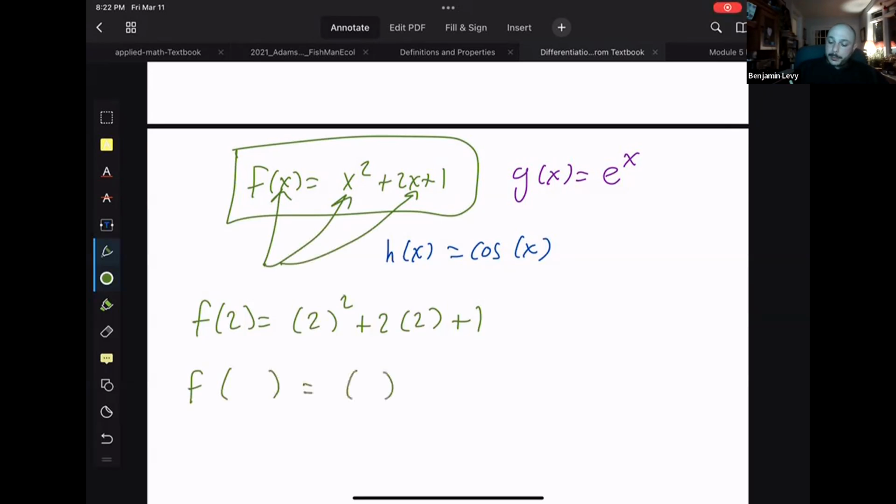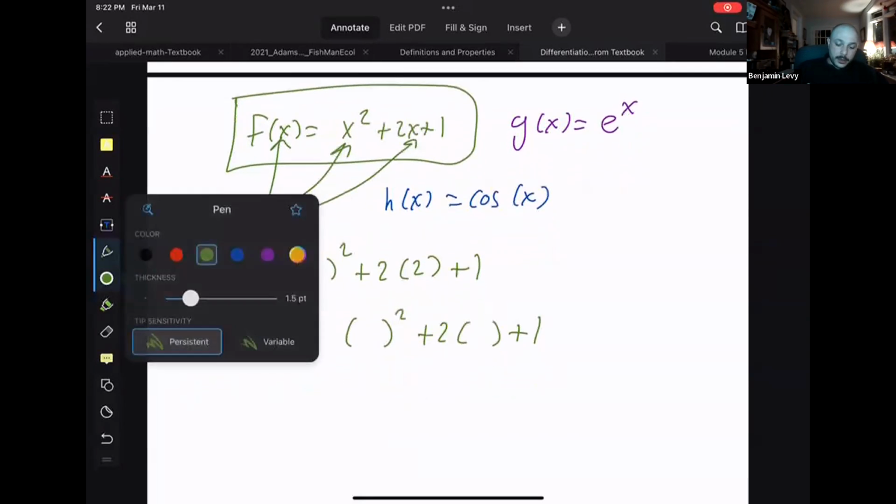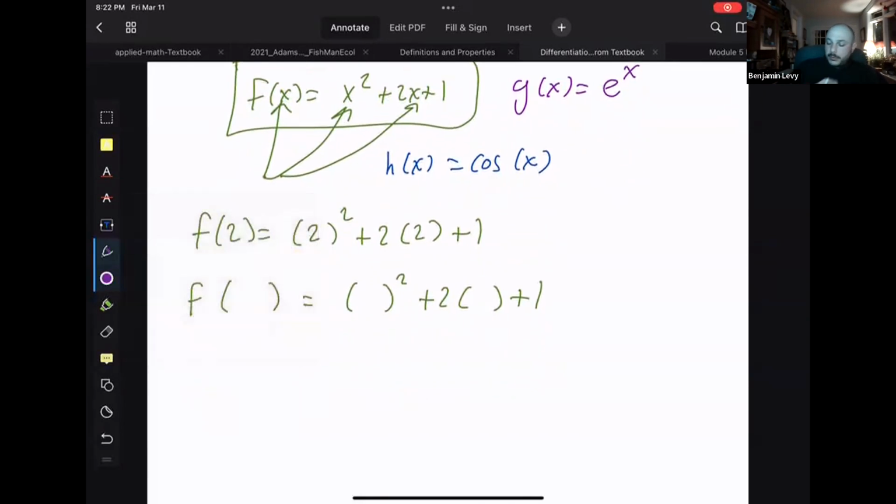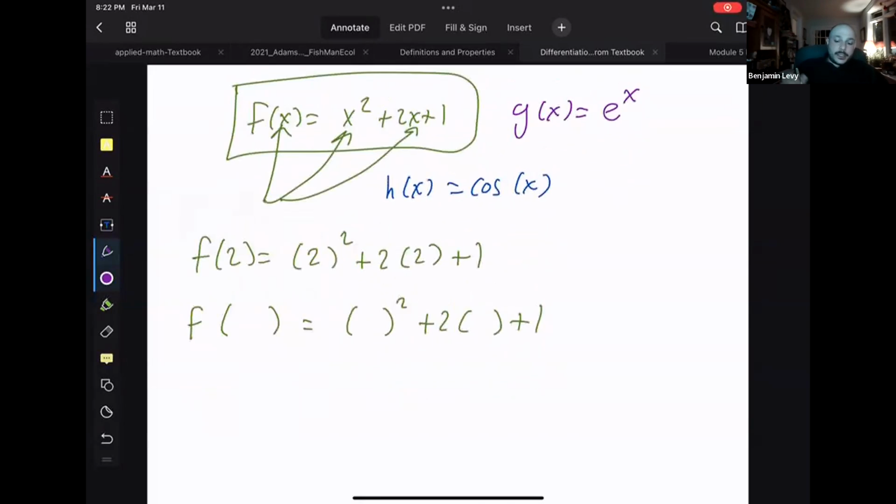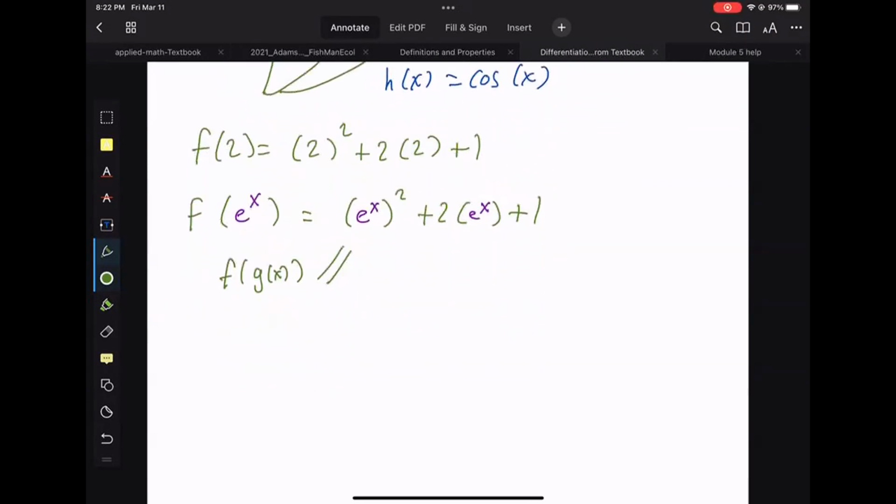One of my colleagues likes to call this f of blip when there's nothing in there. Let's plug g in this time. We're going to put e to the x inside there, and it's just going to go wherever the variable was. That would be f of e to the x, also known as f of g of x, right? Because g is e to the x.